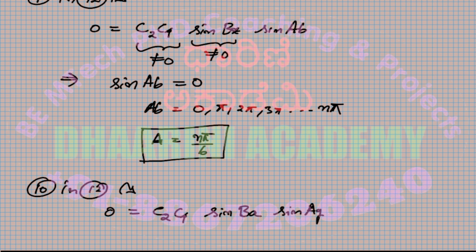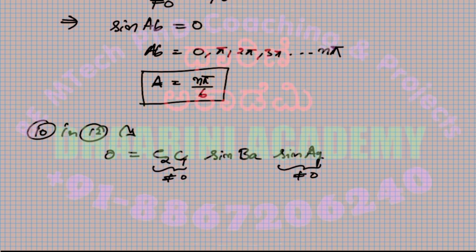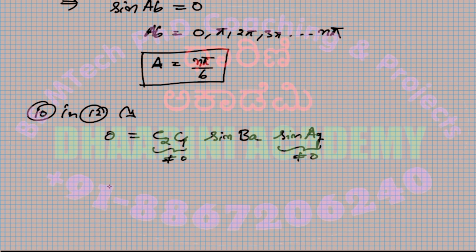Now I know that sine ay is not 0, and C2 C4 is not 0, correct? So the only option I have right now is sine ba is equal to 0. So ba should be 0, pi, 2 pi, up to n pi.